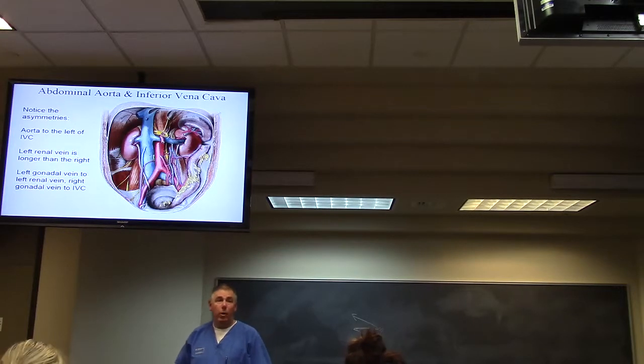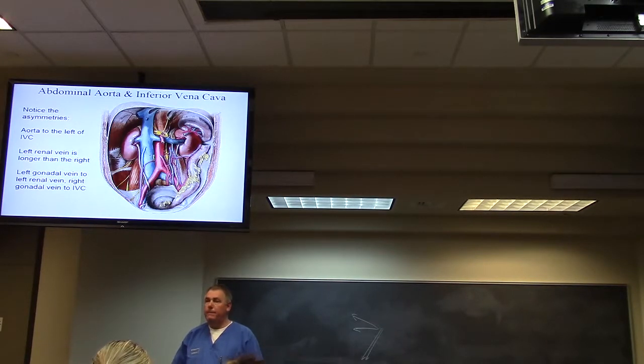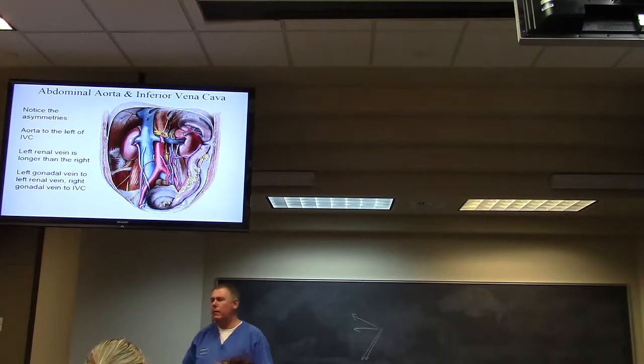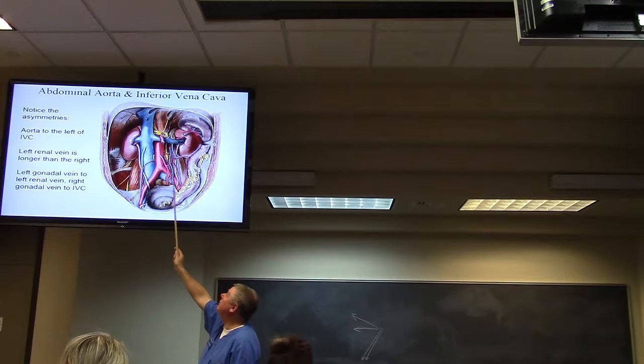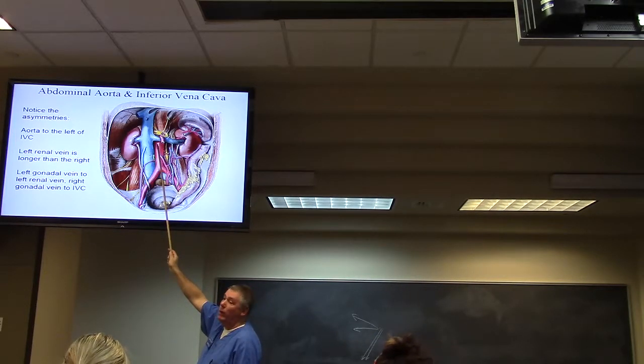If they say, don't touch big red, stop what you're doing, because that's a big structure. So the left renal vein crosses in front of the aorta. The right renal artery crosses behind the inferior vena cava.